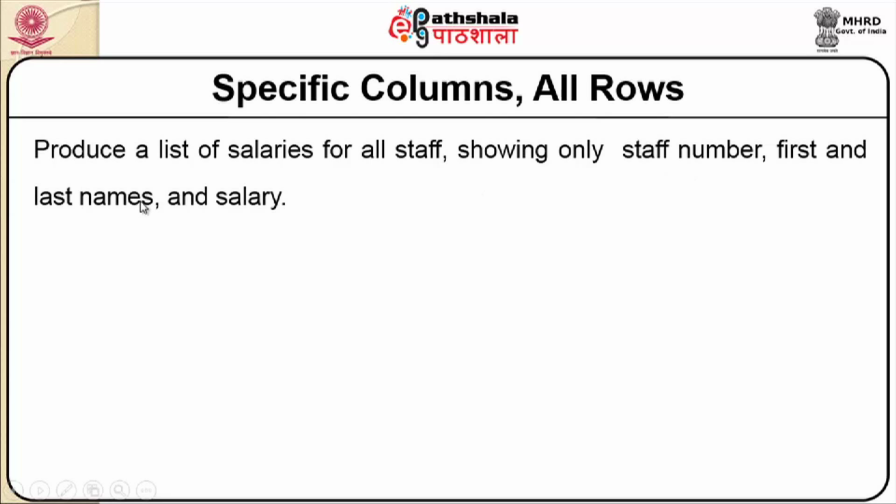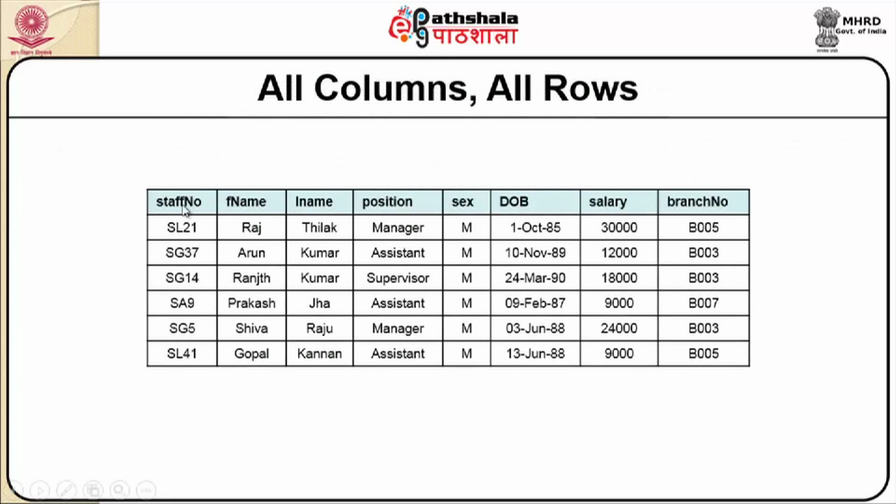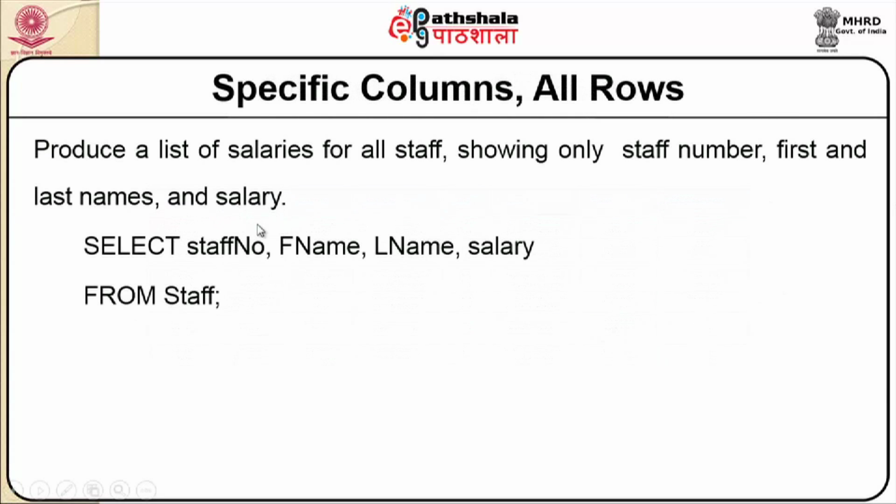If you go back and look at this table, the intention is to identify the salary of all staff available in this table, but I don't have to project their sex, date of birth, position, branch number and so on. Instead, I want details of staff number, first name, last name and salary alone.